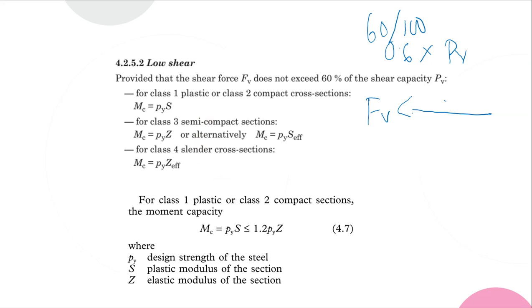And then we also have to look at the moment capacity. So MC here means moment capacity. Okay, so for the moment capacity, we want to see whether the beam capacity can resist the moment produced by the load, using the formula PY S. S here means plastic modulus.